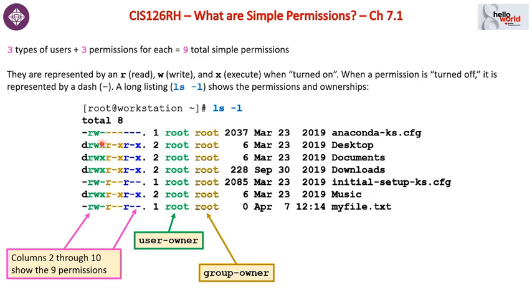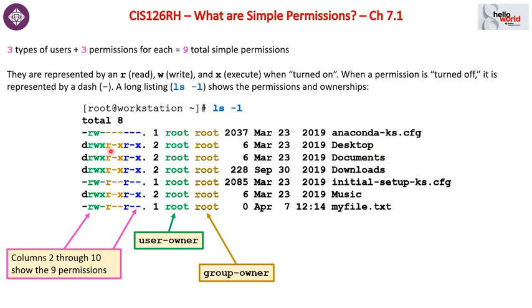And once again, this is hugely important. It really, really is. Execute on a directory means that I can use the CD command to go into the directory. We do not actually execute directories. That makes no sense. And so that means that root can type CD space desktop and actually go here.